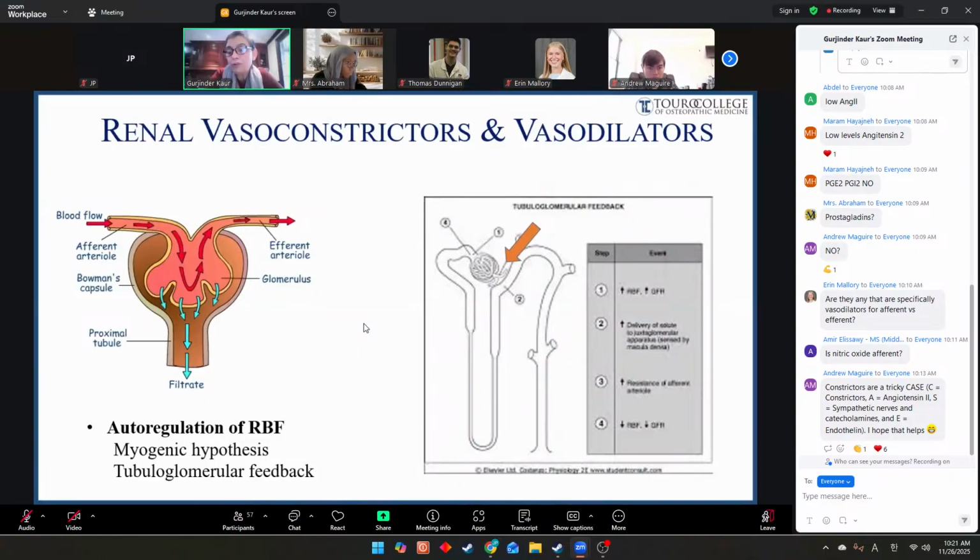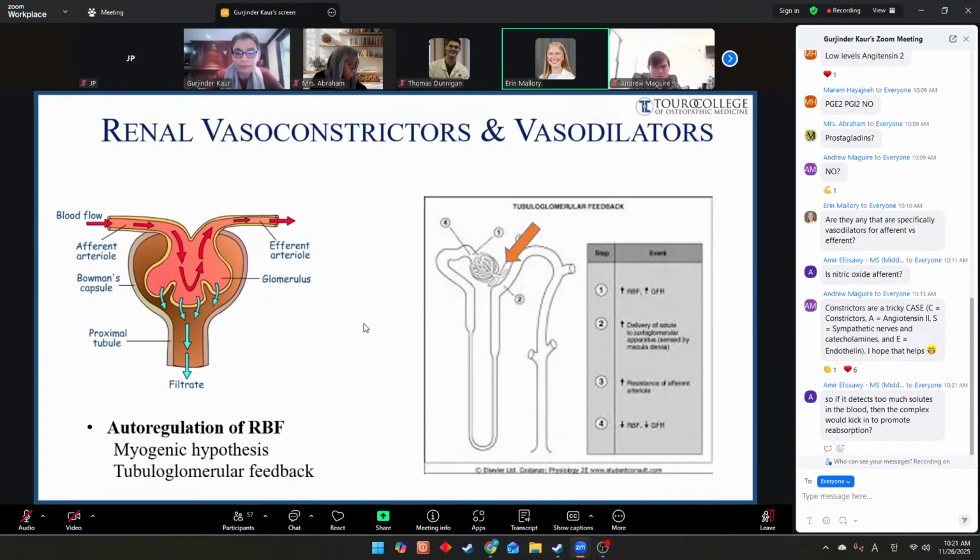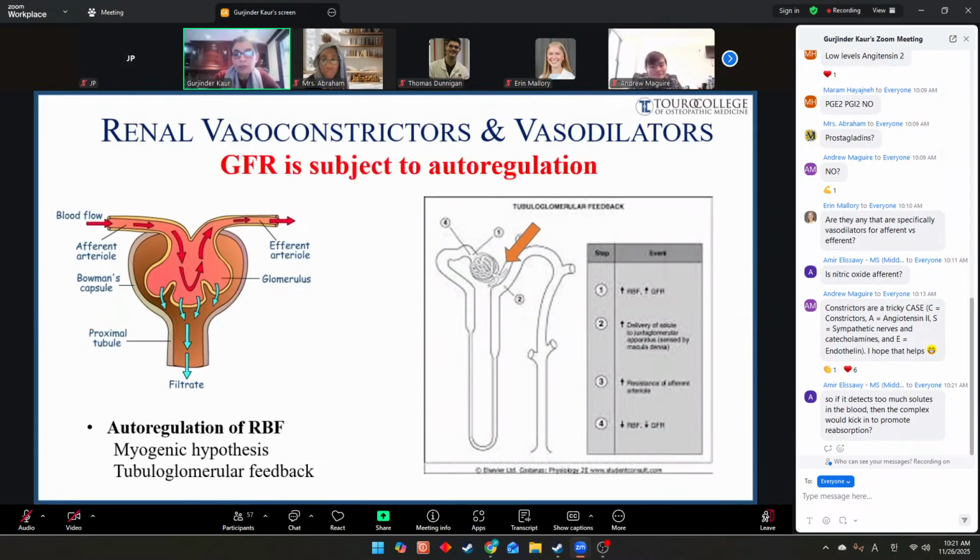At that point, you need a contraction there, which will regulate the GFR. Okay, that makes sense. Thank you. Yes, Samir. So the complex would kick in to do more reabsorption. Yes, you are absolutely correct. Or actually, not reabsorption, but basically you are controlling the flow already. The RBF is being controlled, which is going to slow down your filtration or GFR as such.